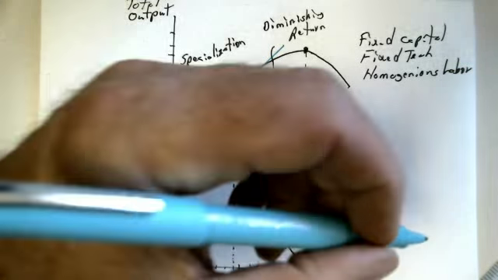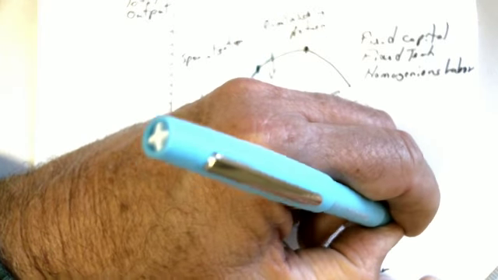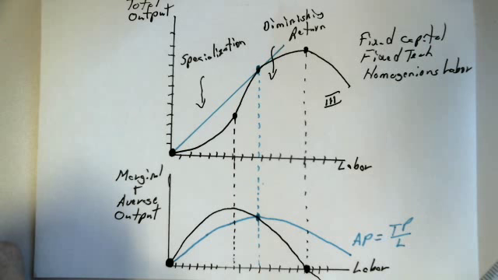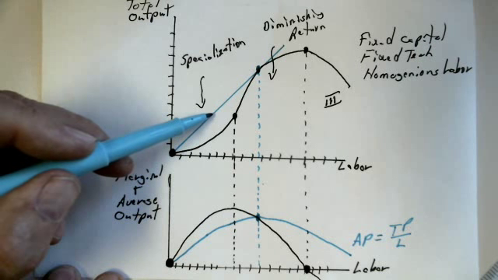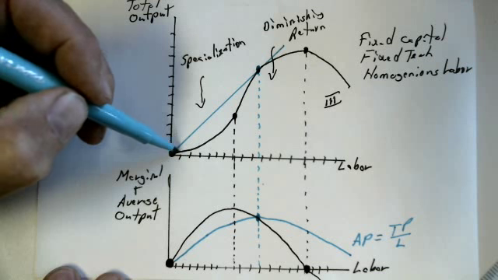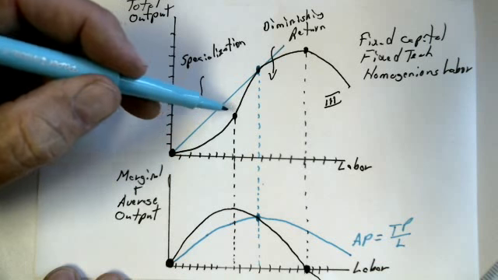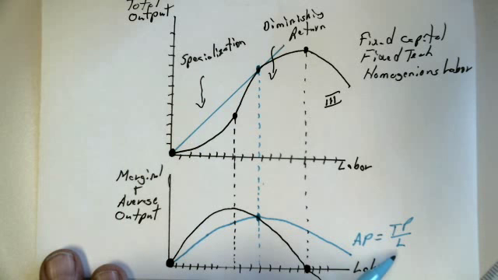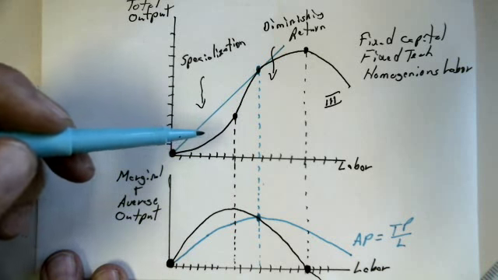Average product, its formula is total product divided by labor. And if you can remember your old algebra days, you can see that the slope of this line right here is exactly total product divided by labor. Any line you draw from the origin over here to the total product curve, no matter what, any line, its slope would be total product divided by labor wherever it hits.